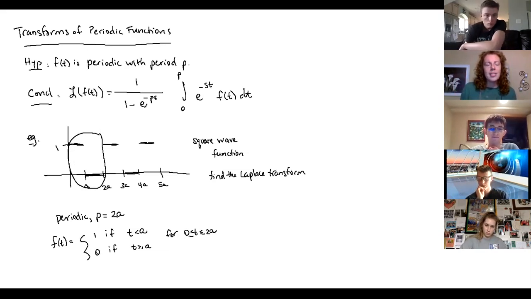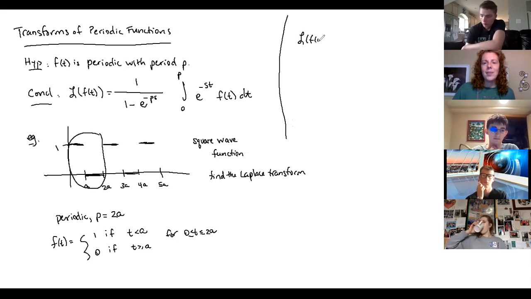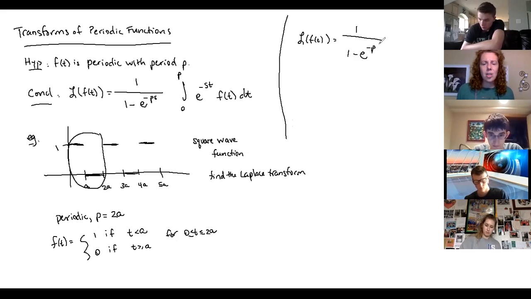So using my definition of my Laplace transform, and this isn't going to be so bad, I promise, I am going to have the Laplace transform of little f of t equals 1 over 1 minus e to the negative a times s. My period is a in this case.